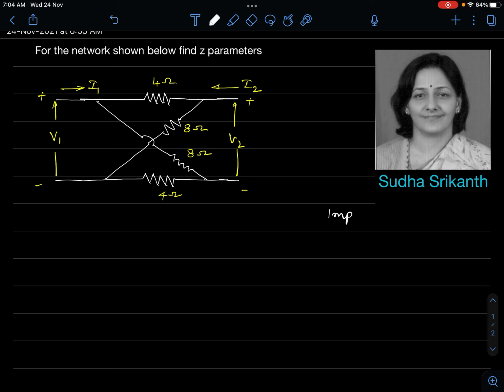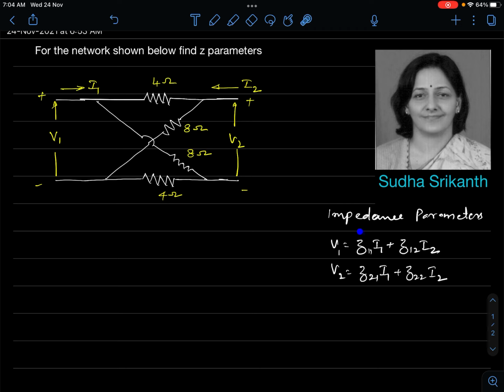Impedance parameters are expressed in this manner: V1 equals Z11 I1 plus Z12 I2. V2 is related to I1 and I2 by Z21 I1 plus Z22 I2. So I1 and I2 being the independent variables, V1 and V2 being the dependent variables.